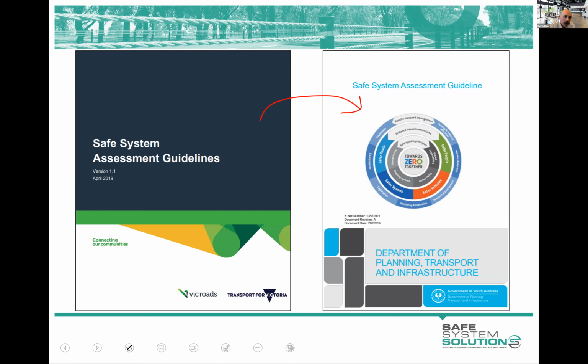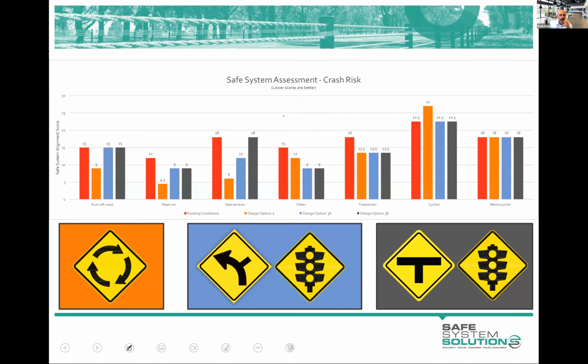These two documents are pretty much identical, apart from every time it says Victoria, it says South Australia, and that's really about it. Different logos. So we've got some general consistency in industry and how these are done.